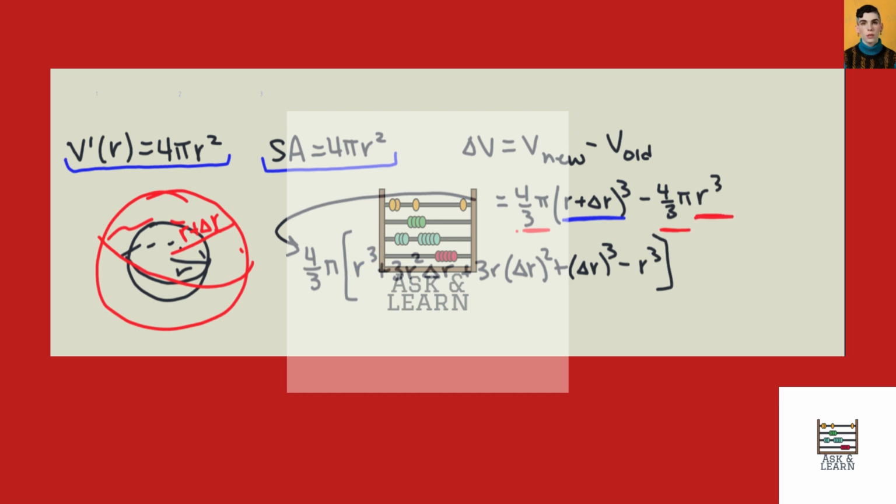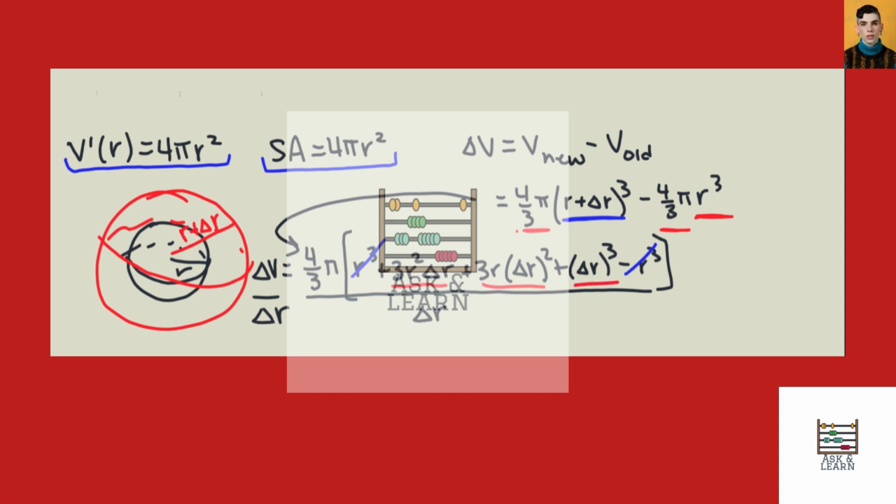We factored the 4/3 pi out of it. Notice that we can cancel the r cubed and the minus r cubed. And so this is delta V, the change in volume. What if we were interested in the change in volume over the change in radius? So let's divide this by delta r. Notice that every term has a factor of delta r in it.